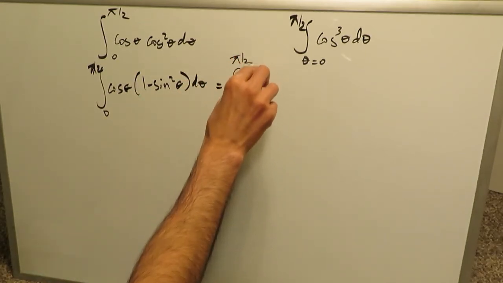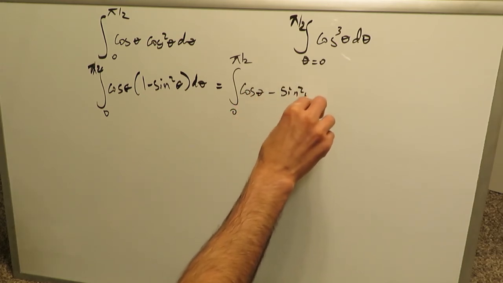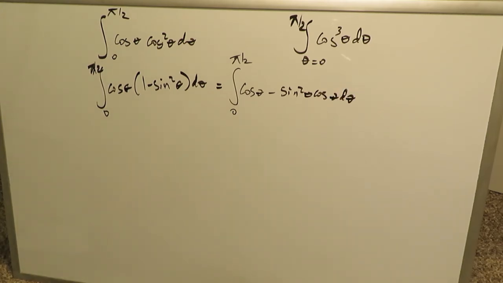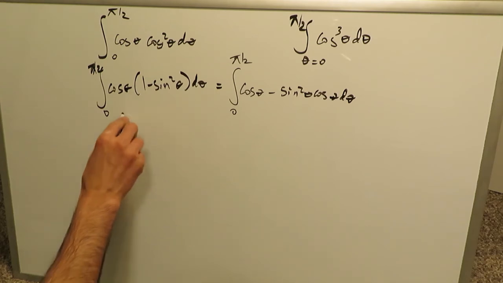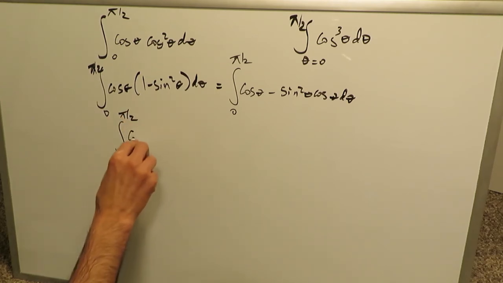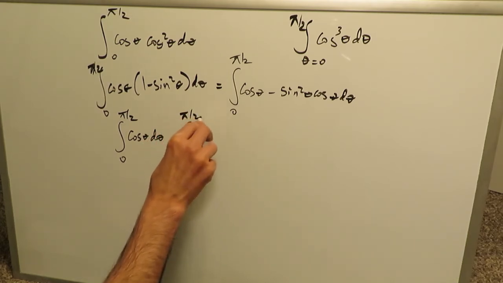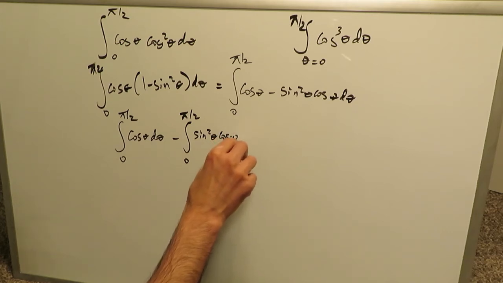Pi over 2 to 0, cosine theta minus sine squared theta cosine theta d theta. Separate using the properties of integrals across the minus sign. Pi over 2 to 0 cosine theta d theta minus pi over 2 to 0 sine squared theta cosine theta d theta.